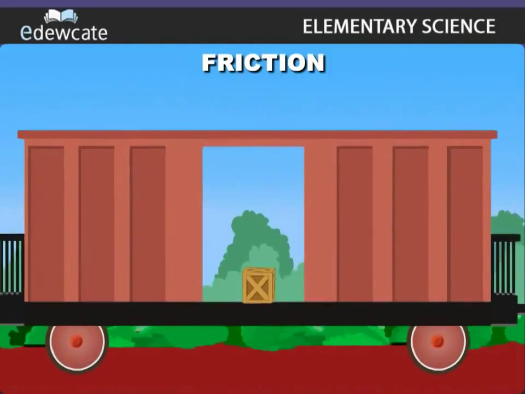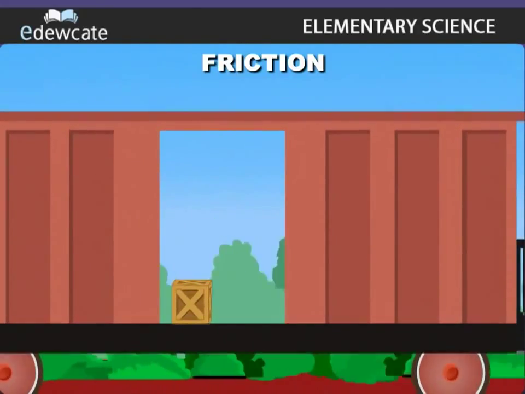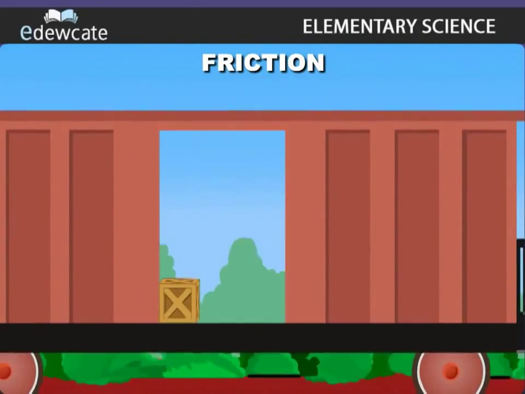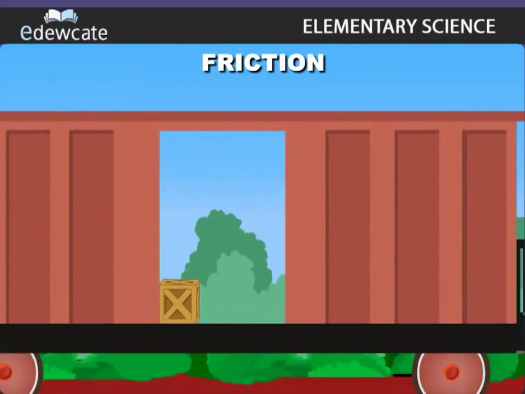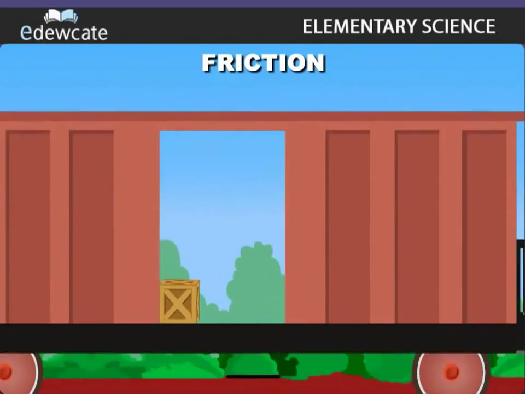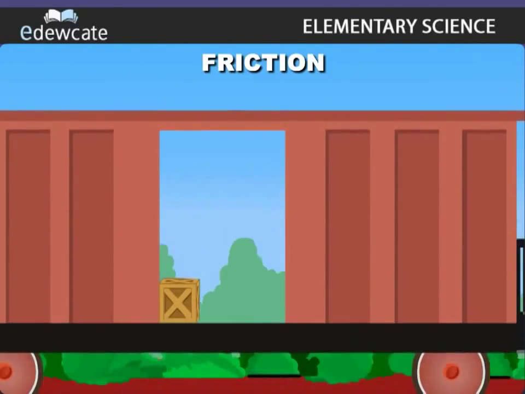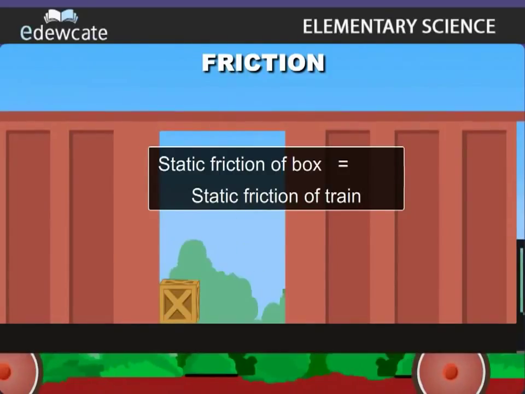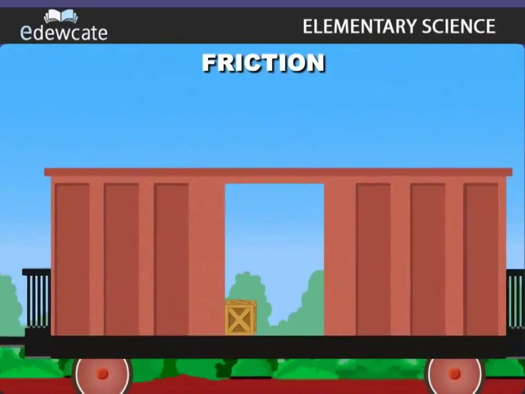If there was no friction, the floor of the train would slip by and the box would remain at its initial position due to inertia and hit the backside of the train. This impending relative motion is opposed by the static friction Fs. Static friction provides the same acceleration to the box as that of the train, keeping it stationary relative to the train.